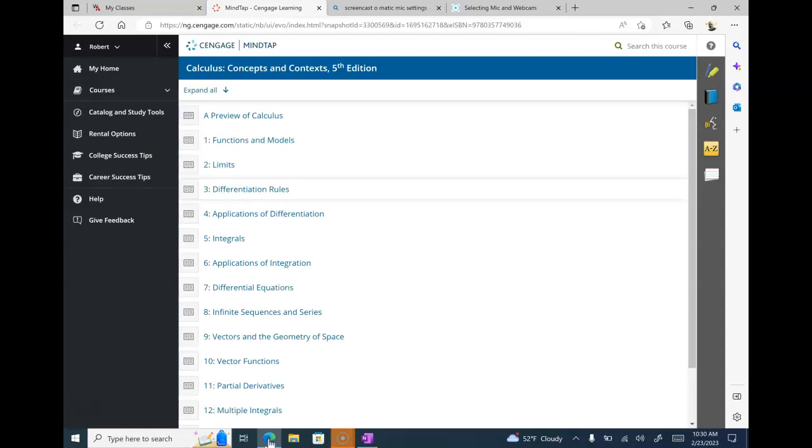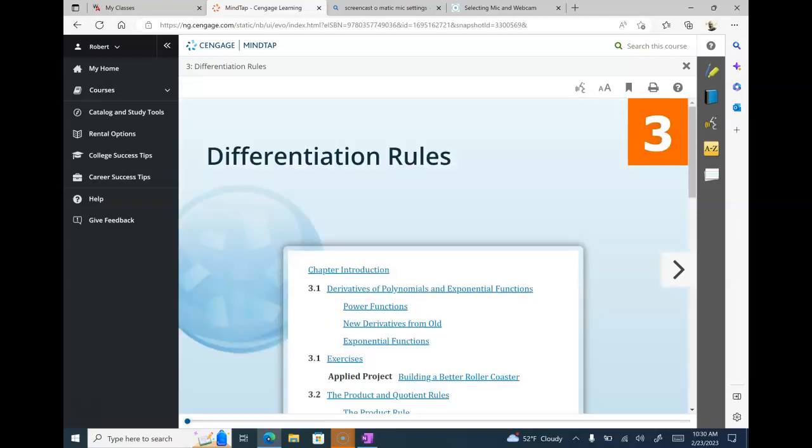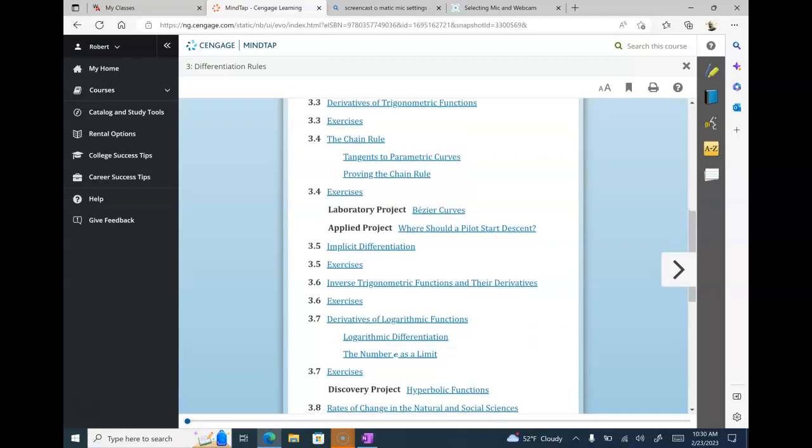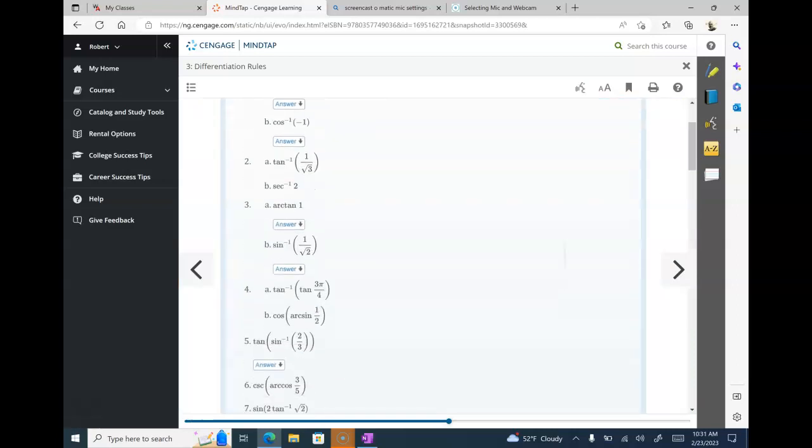So we're looking at chapter 3. We've done chain rule in 3.4, and implicit we did Tuesday. We're doing inverse trig functions and their derivatives, so 3.6 exercises.